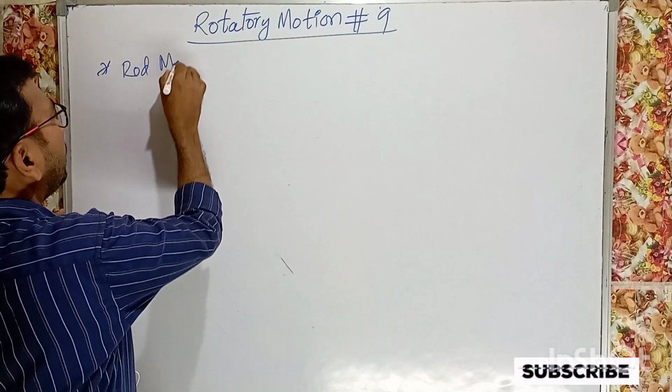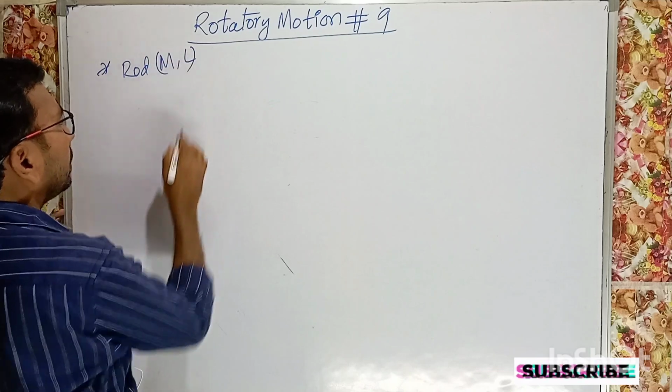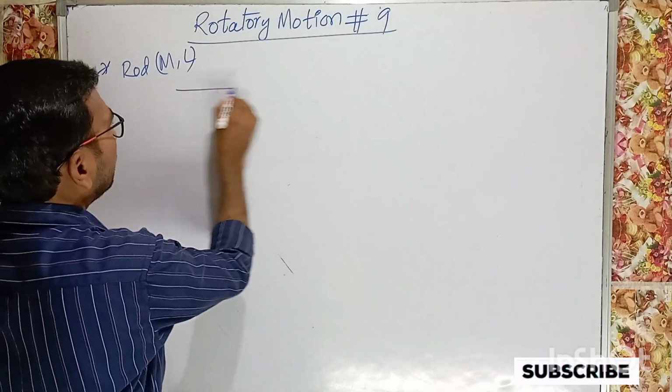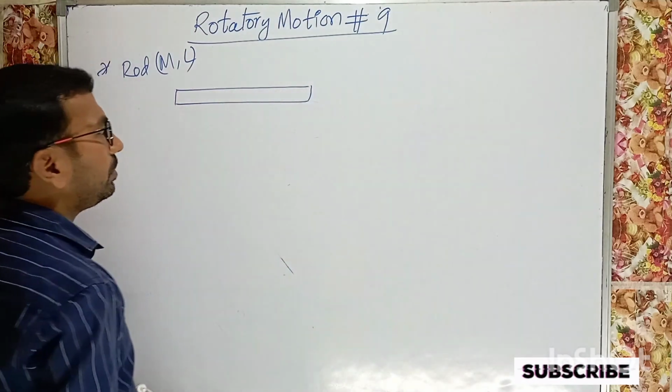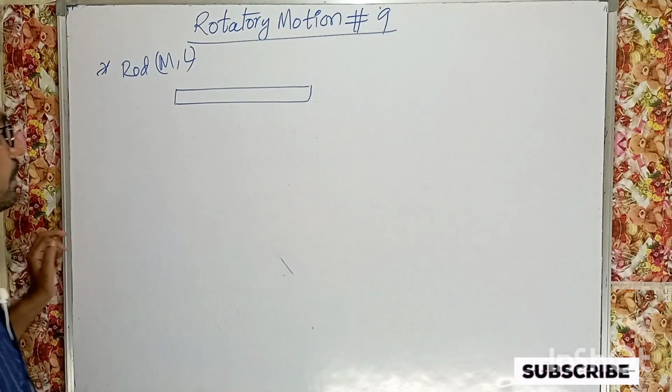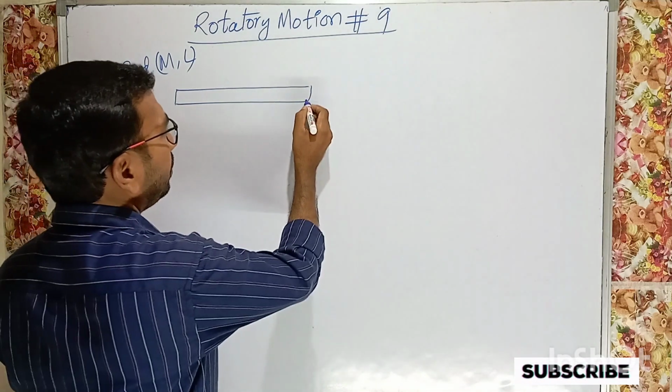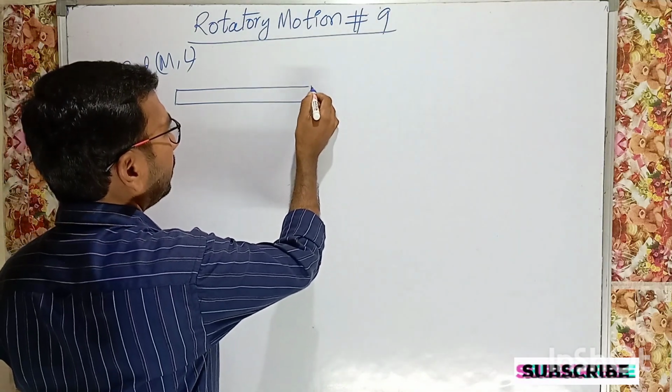Next one. A rod of mass m and length l. I will consider two rods here. This is a uniform rod of mass m and length l, and one more rod is placed like that.